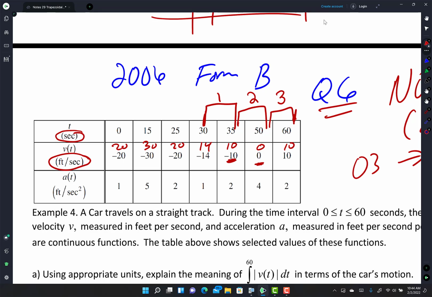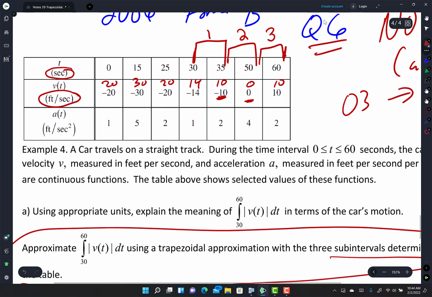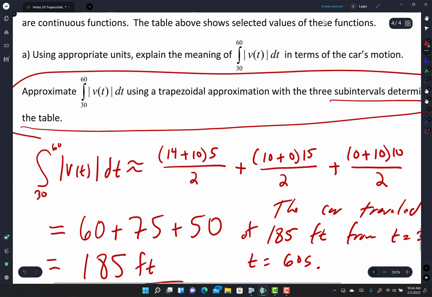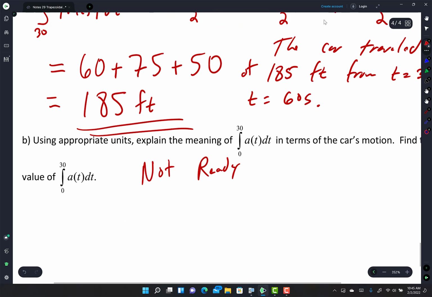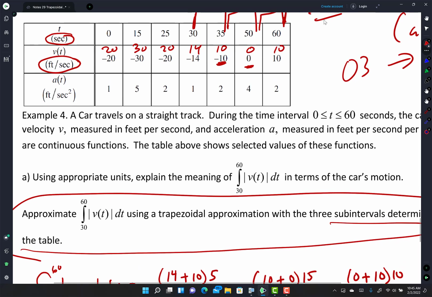That's the intermediate value theorem. So all you say for that one is, yes, by IVT between 35 and 50, there must be a value where velocity is negative 5. How would I solve this one? I would write V of 35 equals negative 10. It wasn't 30, it was 35.